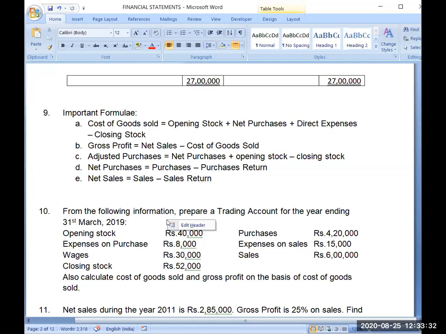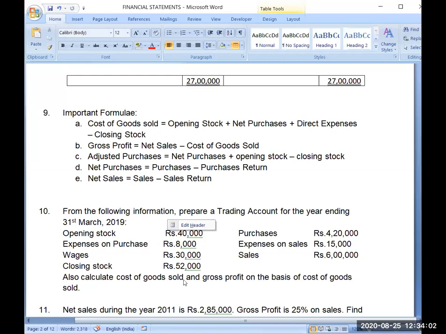So I am calculating the cost. Now cost doesn't mean only the purchase price of the book. I have to make certain expenses also while I am purchasing the goods, for bringing it into my godown. So transportation cost will also be a part of cost of goods sold.